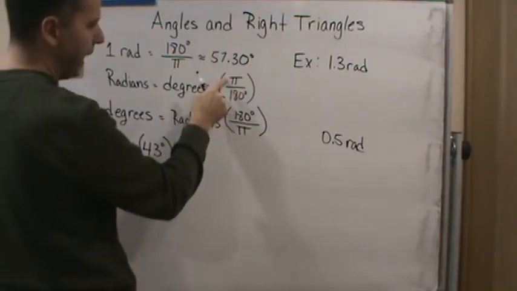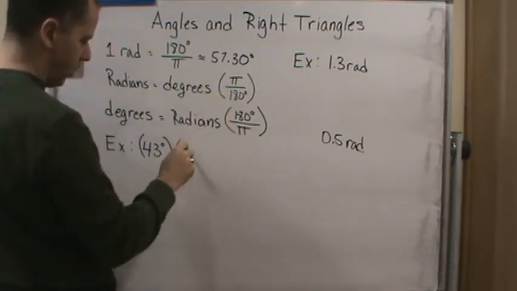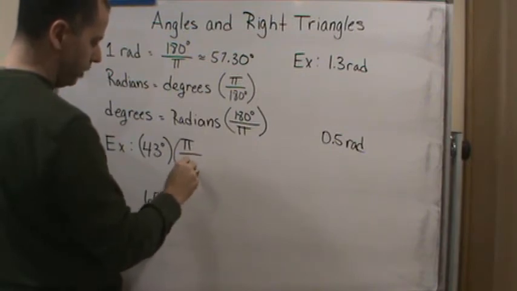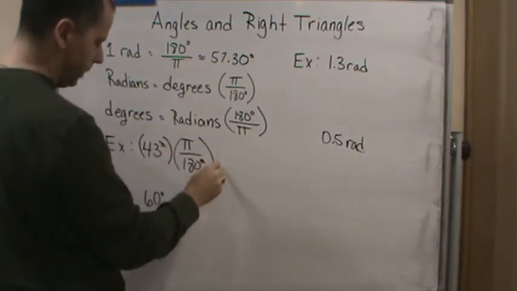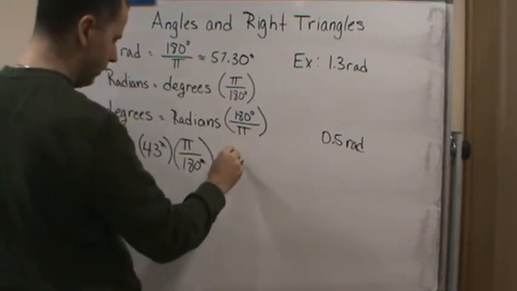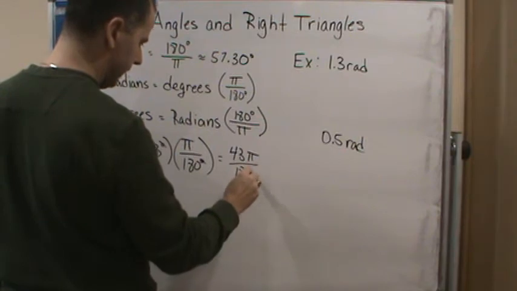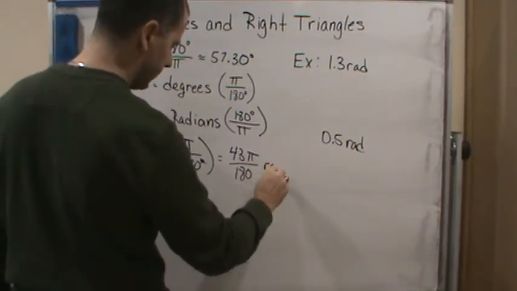I'm saying that pi radians is equal to 180 degrees, so I want radians on top: pi over 180 degrees. The degrees cancel, and what do I get? I get 43 pi over 180, and these are in radians.